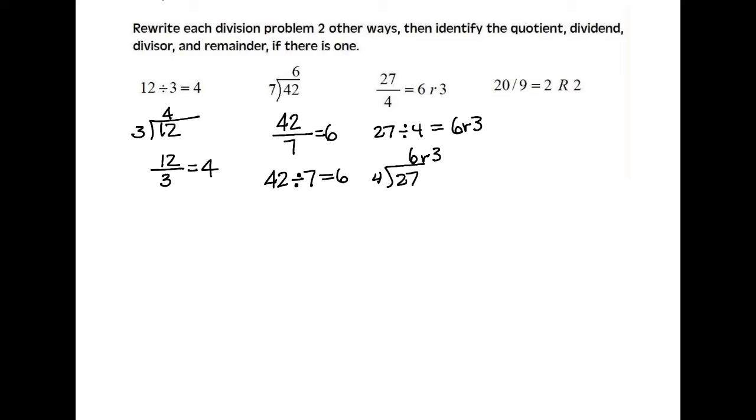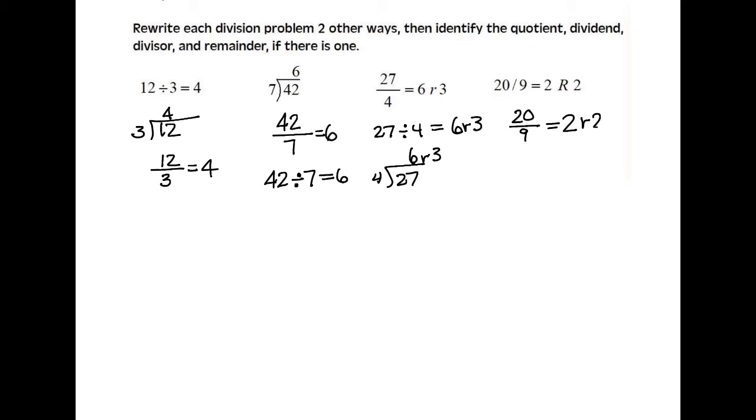Now this last one, I'm going to do it all 3 ways because it's the non-used version. So let's do all 3 of the others. First of all, 20 over 9, rewriting the fraction as a horizontal fraction bar instead of a diagonal one.